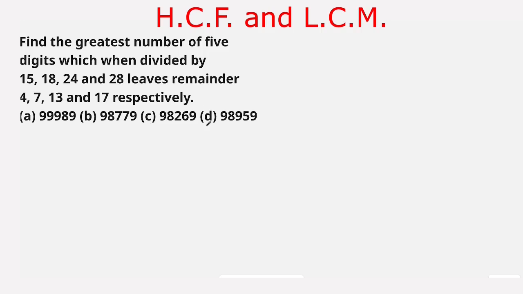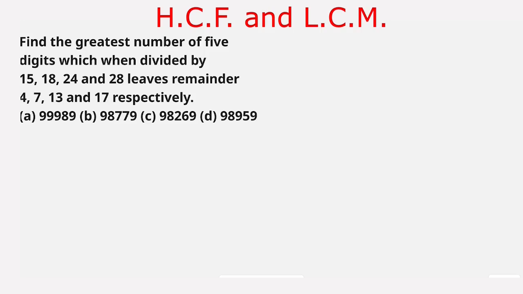Now in option D, if we add 11 to 59, the last two digits of the number, the number becomes 70, and this number is not divisible by 4, so it cannot be our answer. So the only option left is option C, and that must be our answer.